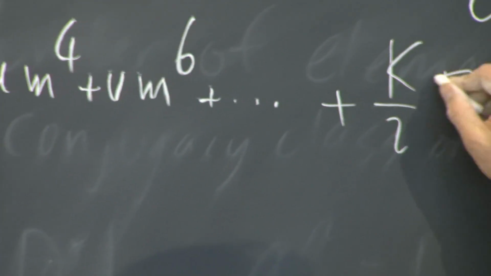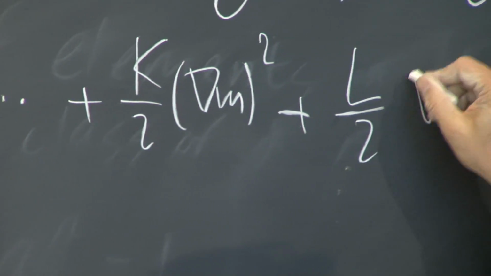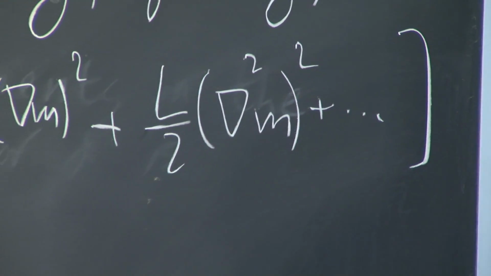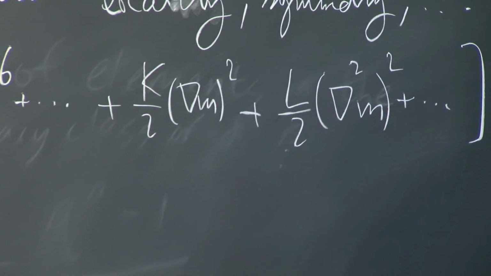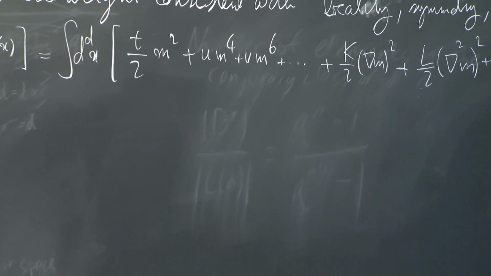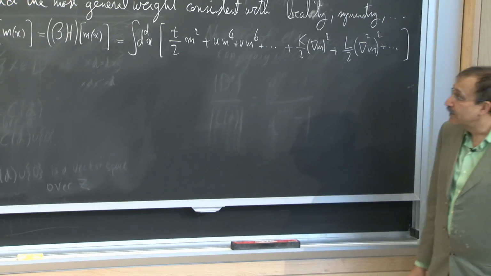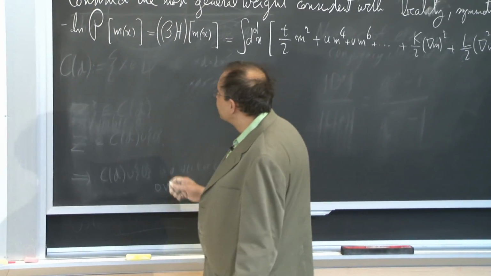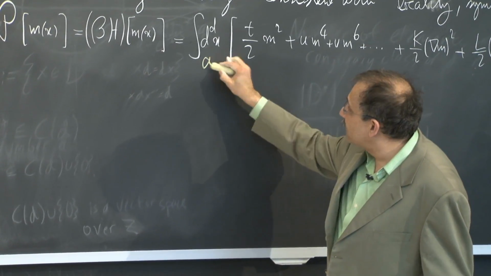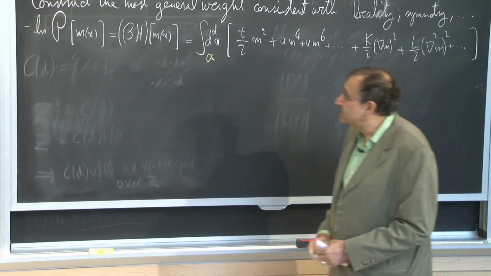We saw that the gradient terms could start with this k, but maybe there's a higher order gradient, and there's essentially an infinity of terms that you can write down that are consistent with the assumptions that you have made so far. Okay? So you say, now I take this, and implicit in all of these calculations is indeed some kind of a short scale cutoff to construct a statistical field.